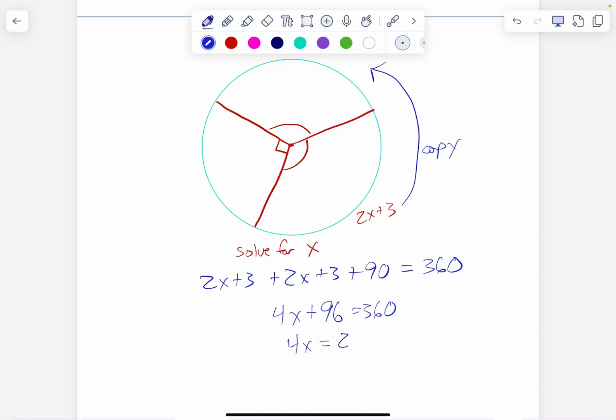What is that? 60, 30, 64, I think. Can someone divide that for me? Thanks.